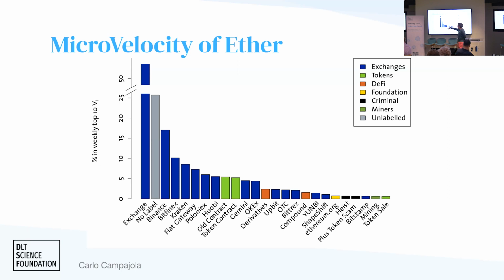Then you have contract minting and contract burning, token minting and burning contracts. And then you have DeFi protocols as well, somewhere around here. And then at the end, you have some criminal activity and the Ethereum Foundation, actually. But overall, basically what we're seeing is that centralized exchanges are the ones that actually transact on blockchain most and move most of the funds on blockchains.